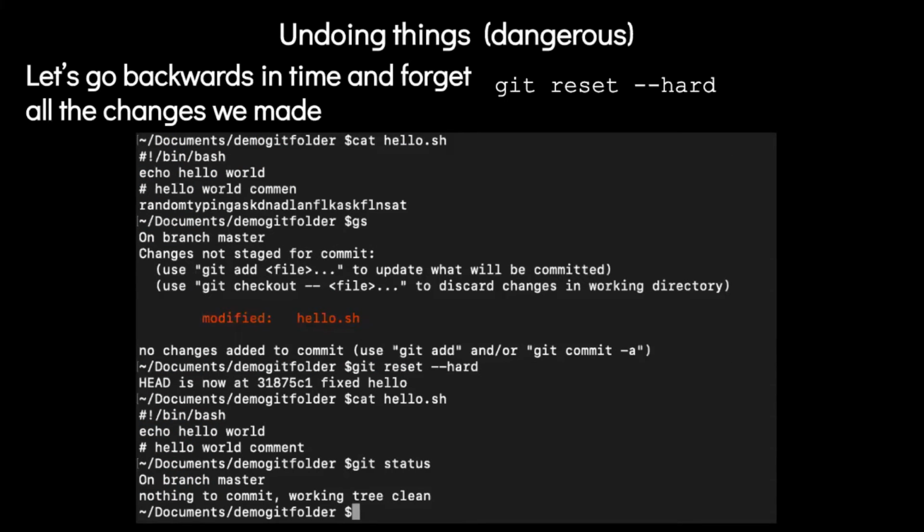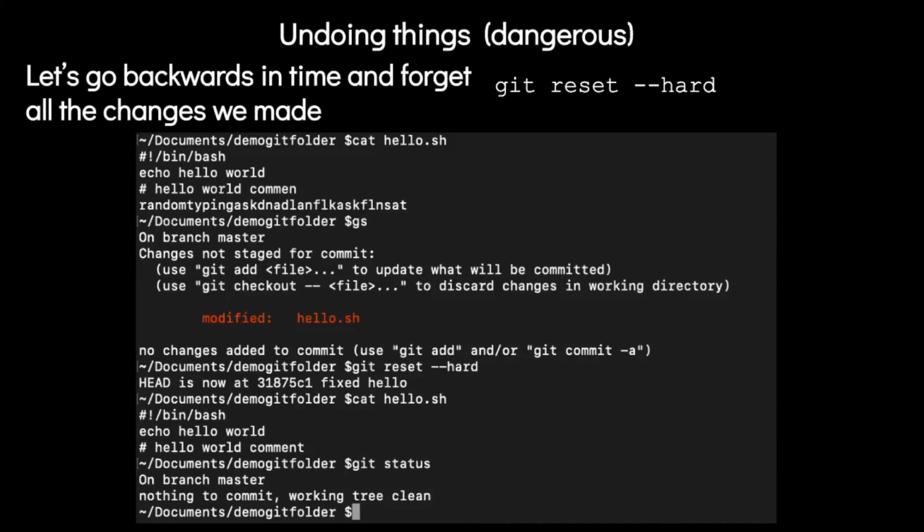So now we're getting into the world where it's a little more dangerous. We have git reset. We're not going to get into how it actually works, but we're going to look at git reset hard. Git reset hard does two things. The first, it's very useful if we've made a bunch of changes and we're not sure we want to keep those changes. So here I have a hello.sh file. You can see that last line there in my cat is a bunch of random typing.